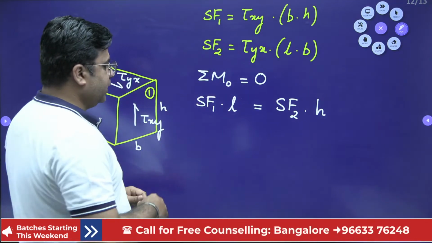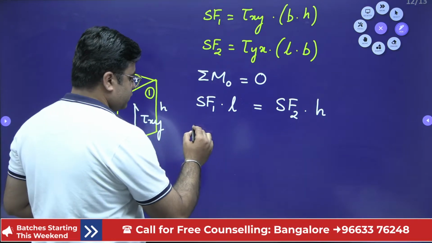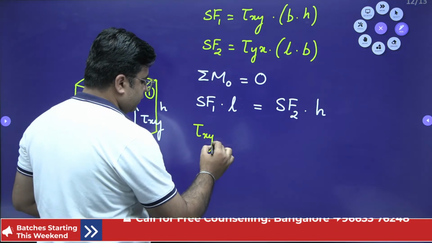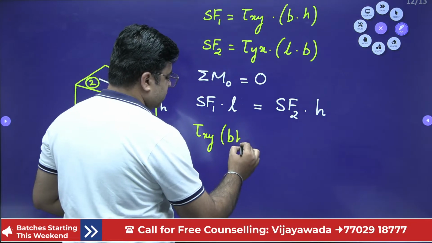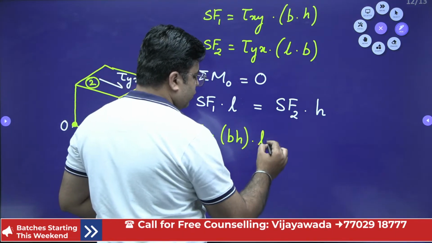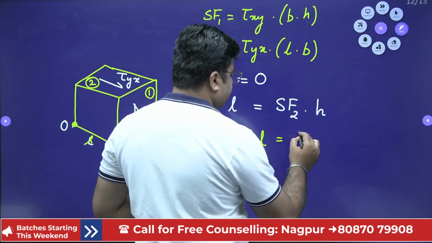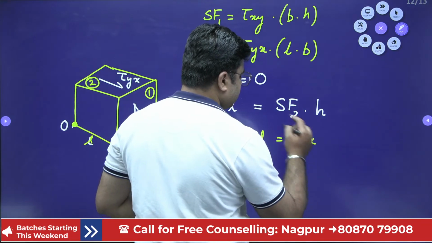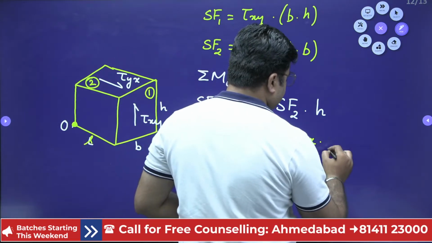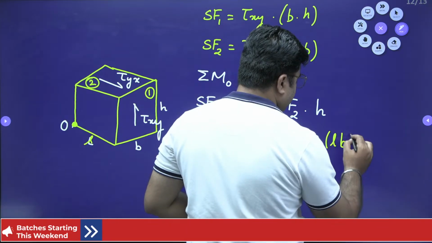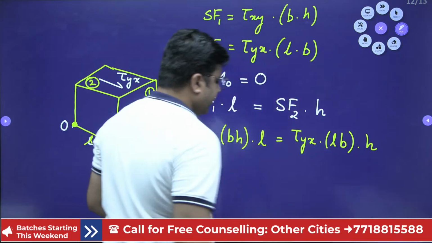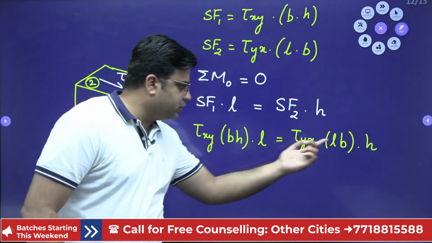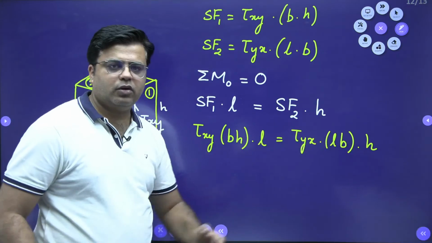If you just open up, you will have tau xy into B into H, this is the shear force 1, into L is equal to tau yx into L into B into H, right? So if you look, these three terms are common on either side.